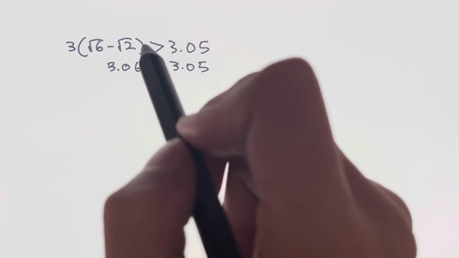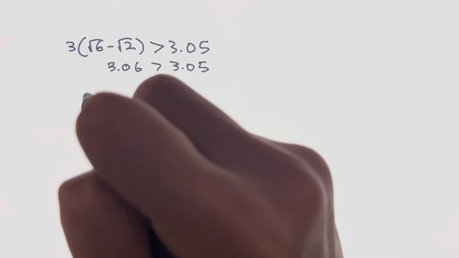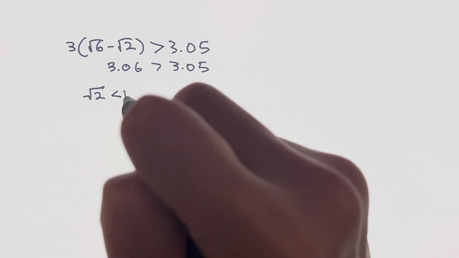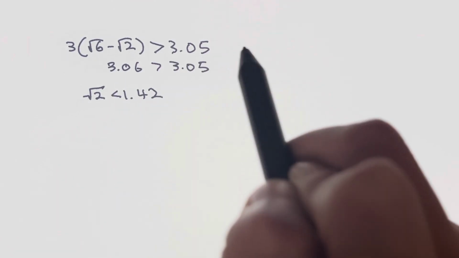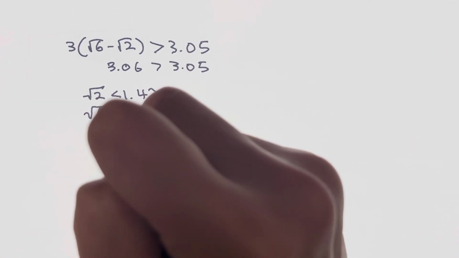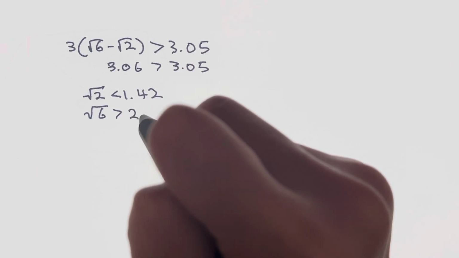And how do we do that? Well, we can take approximations. We know that square root 2 is going to be smaller than 1.42 because square root 2 is approximately 1.414. And square root 6 is going to be greater than 2.44.